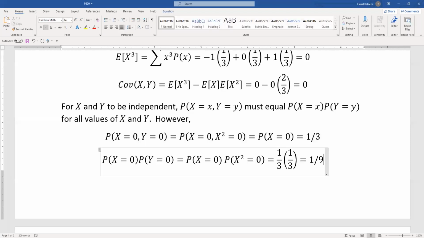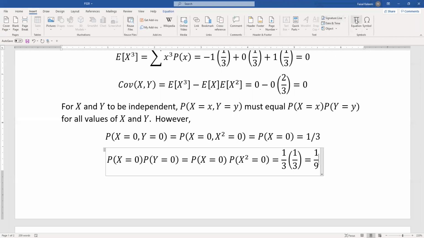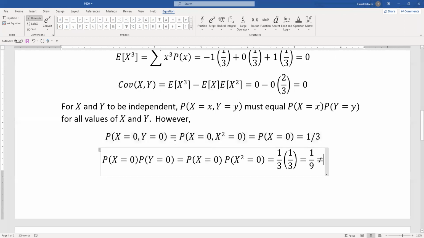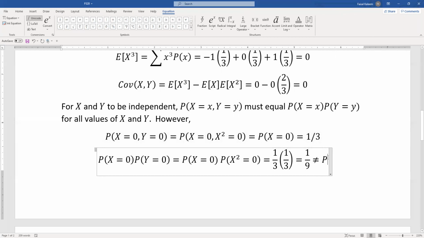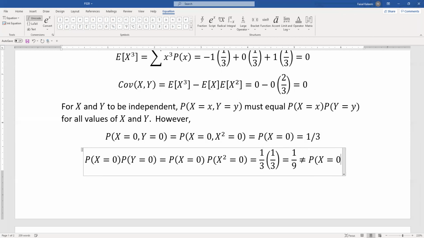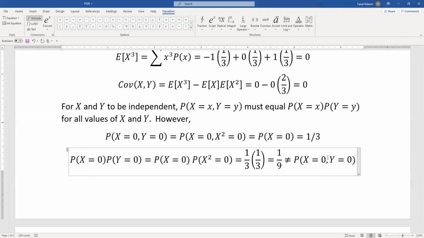And we see that that is not equal to the probability x equal to 0, y equal to 0, which is 1/3. So we have found an x, y pair where this condition fails: this one is not equal to this one.